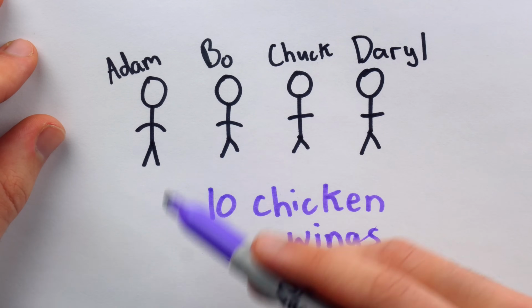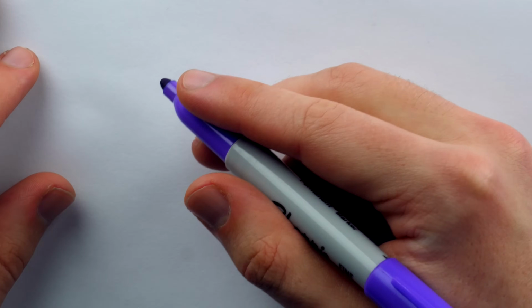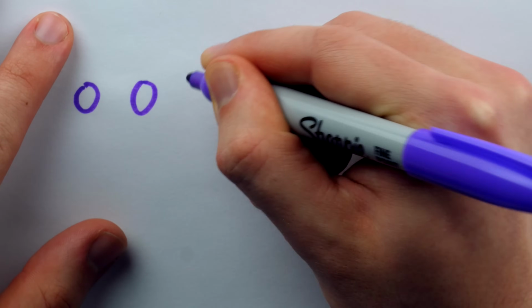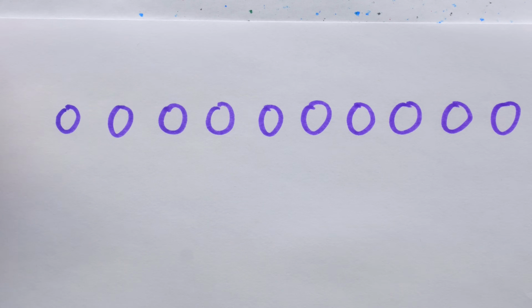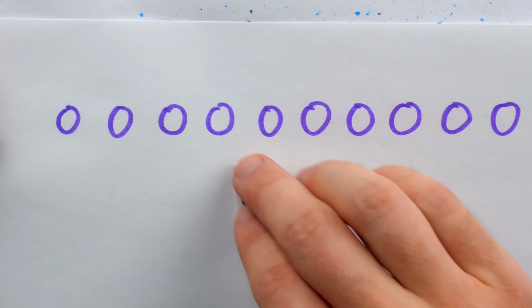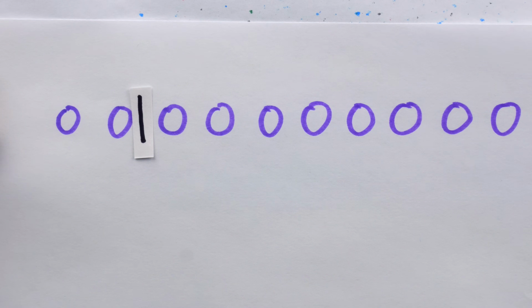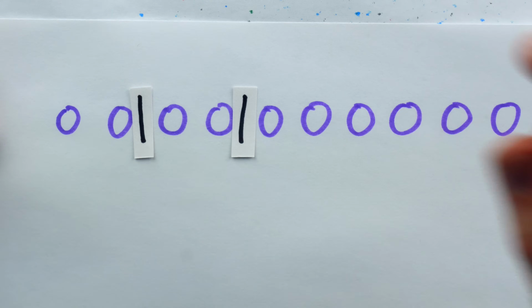And a quick way to answer this question is with the stick and balls method. The idea is that these 10 chicken wings, being identical, could be represented graphically as 10 balls. So these 10 balls represent the 10 chicken wings, and then by placing sticks somewhere along this line of 10 balls, we can describe an assignment of the 10 chicken wings to the 4 men.